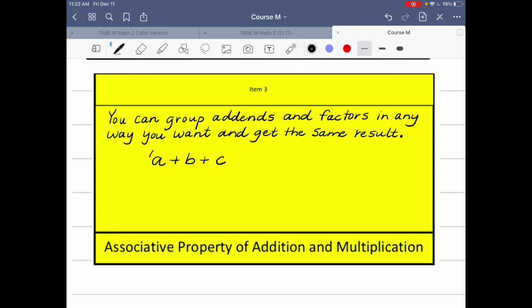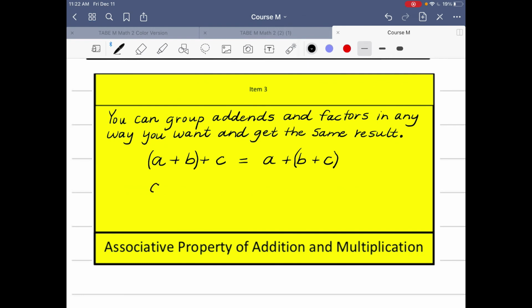I can add the apples and the bananas first and then add the cookies. Or I could add the bananas to the cookies and then add the apples. It will not change the result. Those two processes are equal.